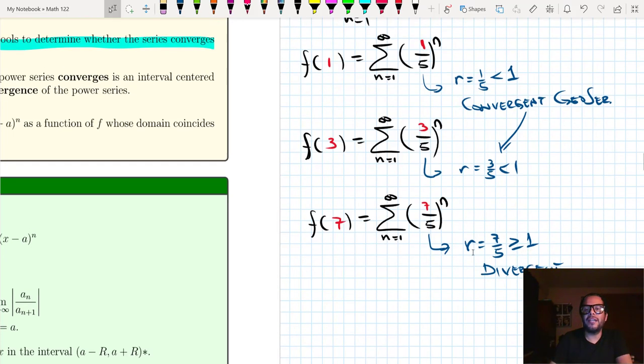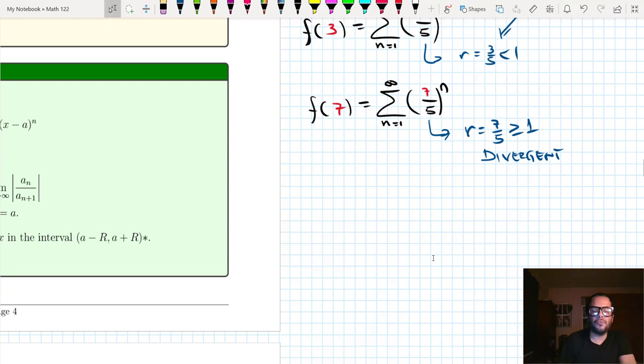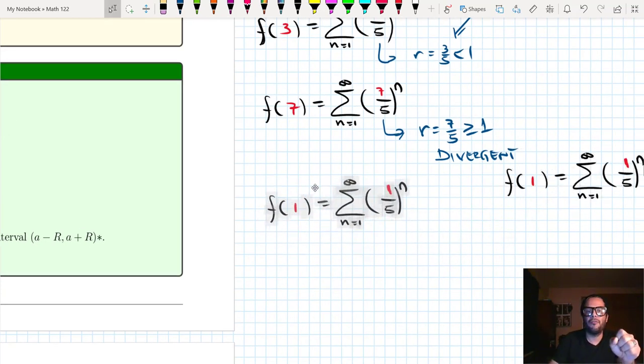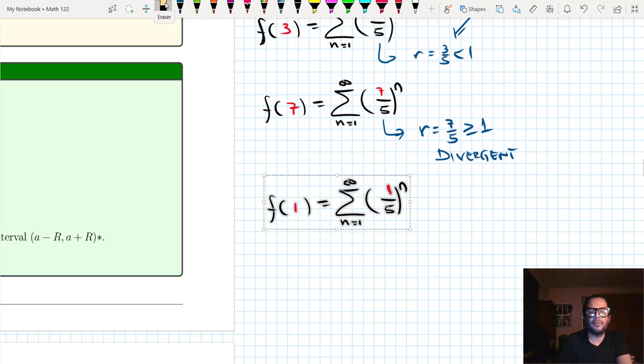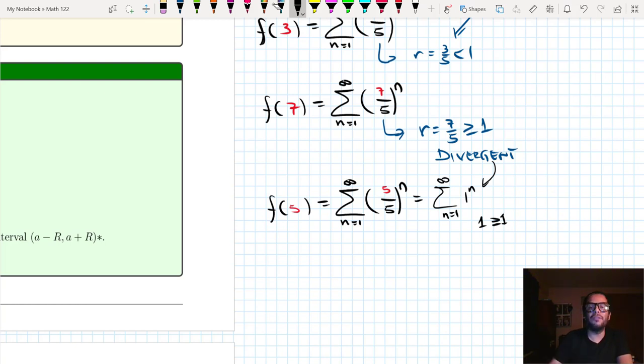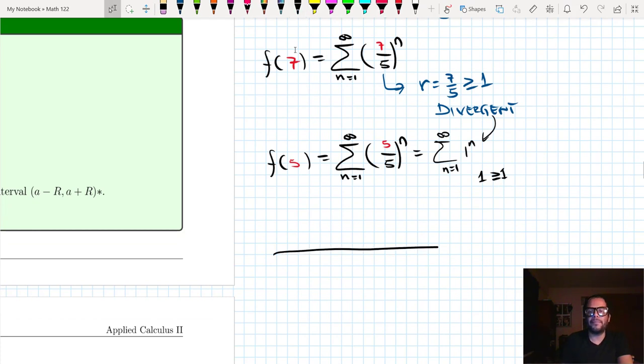Just one more and we're good to go. Let me do 5. In this case, we get the sum of 1 to the n, from n equals 1 to infinity. This is divergent because the ratio is 1, which is greater than or equal to 1 for a geometric series.